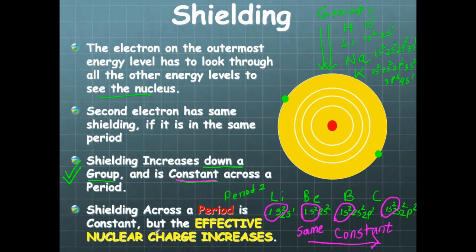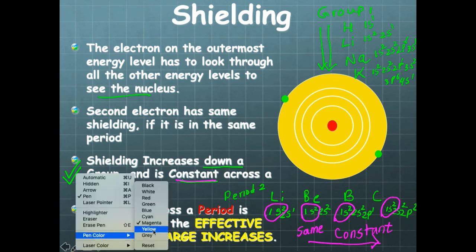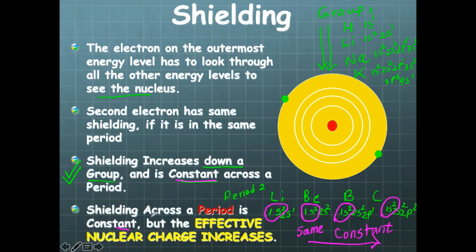Okay, so the shielding effect across a period is constant, but the effective nuclear charge is increasing. Now let's look at the charge on the nucleus. Lithium has +3 charge. Beryllium has +4 charge.